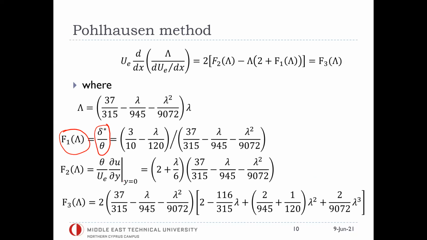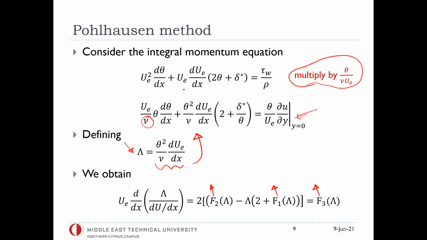The idea now is to use the integral momentum equation with these lambda definitions to find a specific solution for this integral momentum equation, such that it will be satisfied, in addition to our shape function assumption geometrically making sense as a reasonable representation of the velocity profile.